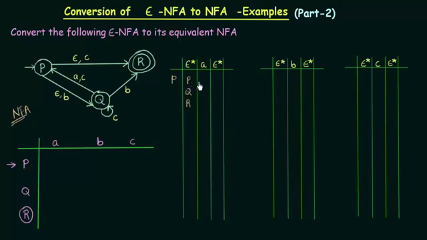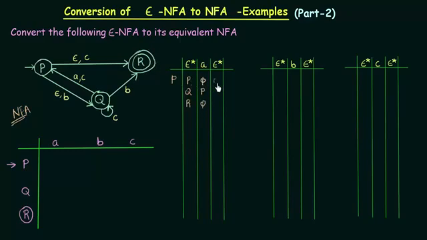And where does P go on input A? P on input A doesn't have any move, so it goes nowhere, that is to phi. And Q on input A, where can it go? Q on input A goes to P. And R on input A also doesn't go anywhere, so it is phi over here.